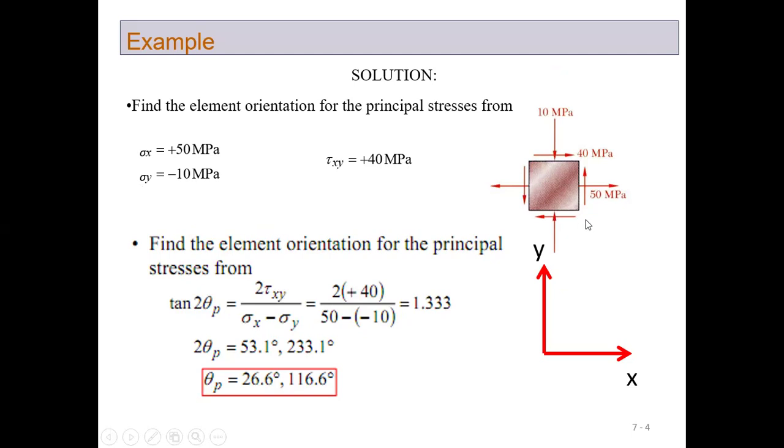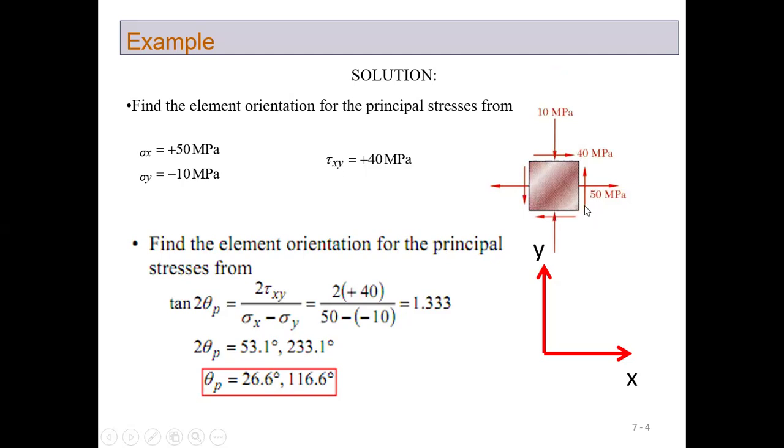Now coming to the shear stress. Normally, as you know, we use two subscripts. The first subscript represents the unit vector normal to the surface or normal to the area. If you consider this surface or this area, its unit vector is in the x-axis, so the first subscript is x.